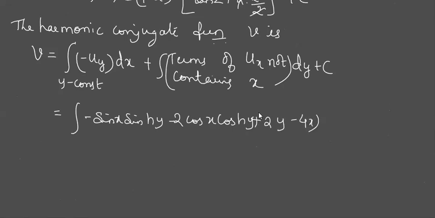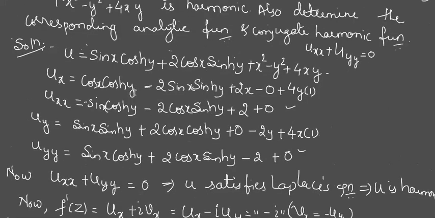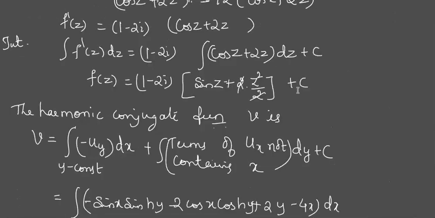Am I right with this? You can check. Now in ux, tell me the terms not containing x. Among the 4 terms, only 4y is the term which does not contain x.